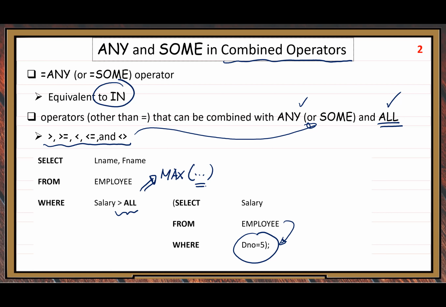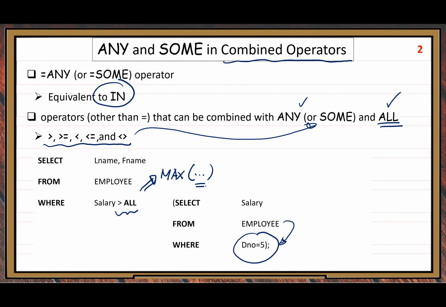Think about maximum salary. Actually, this employee has a salary greater than the maximum salary of all the employees in department 5. But not equal, greater than here, not equal.